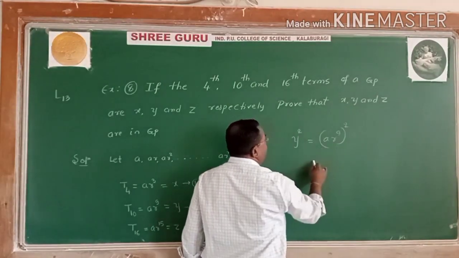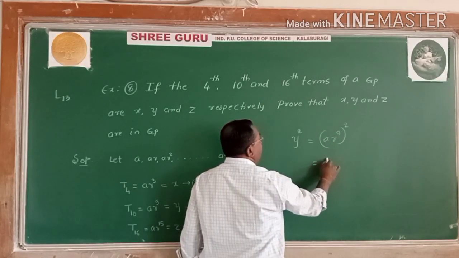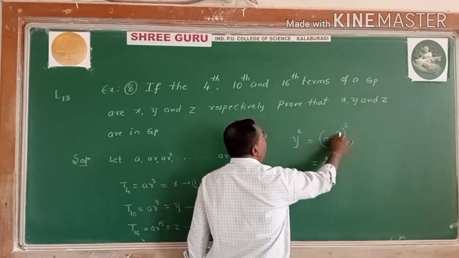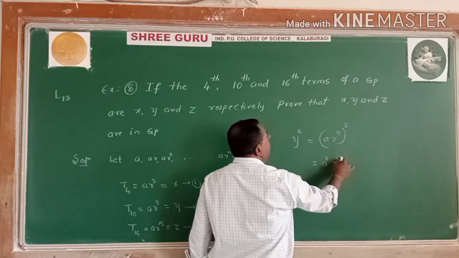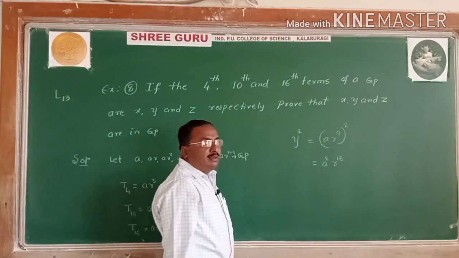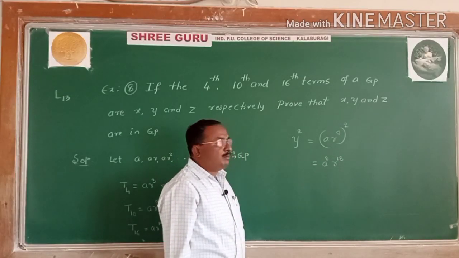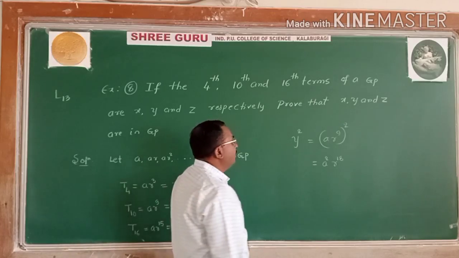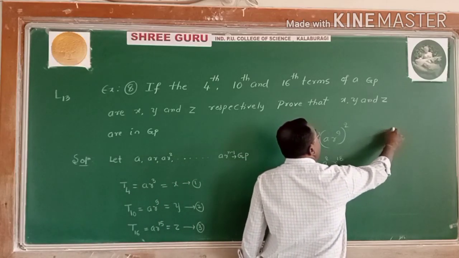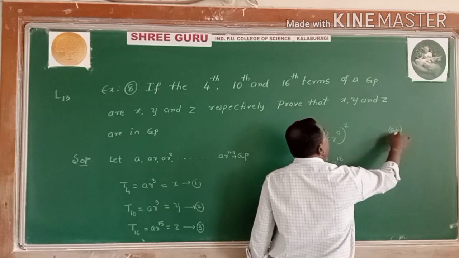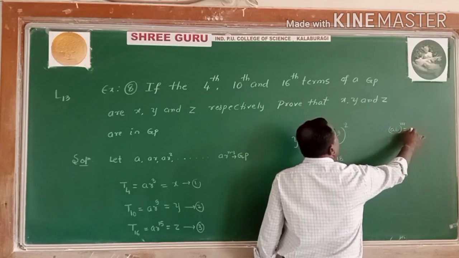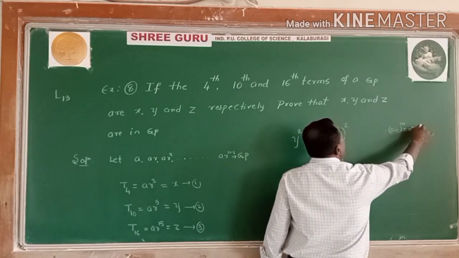This can be expressed as a square into r to the power 9 into 2, 18, by the law of indices, a power m whole power n is a power m into n, because ab whole power m can be written as a power m b power m.